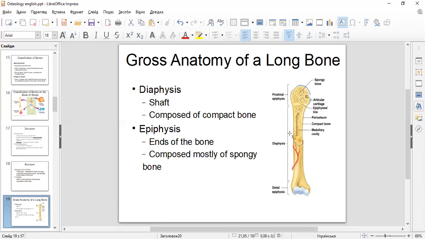The diaphysis is composed of compact bone. The epiphysis, the ends of the bone, proximal epiphysis and distal epiphysis, are composed mostly of sponge bone.